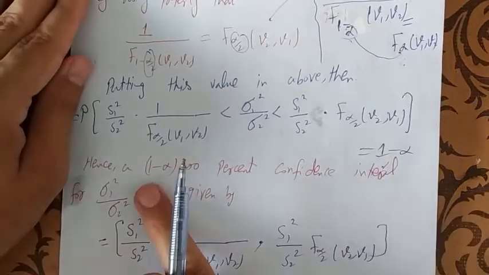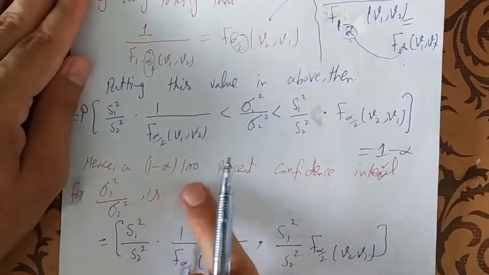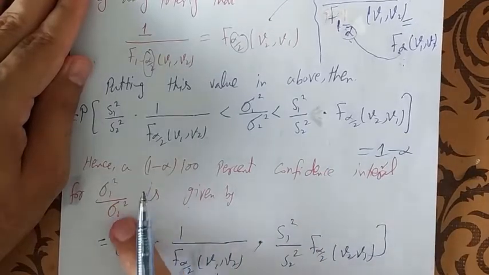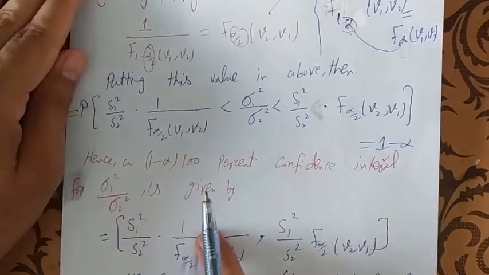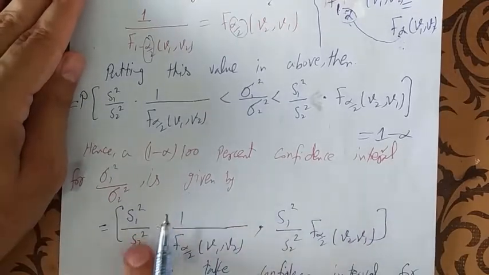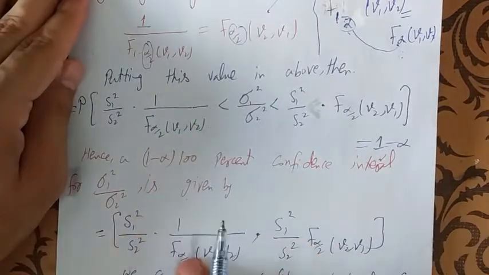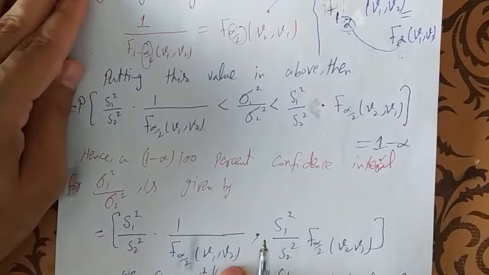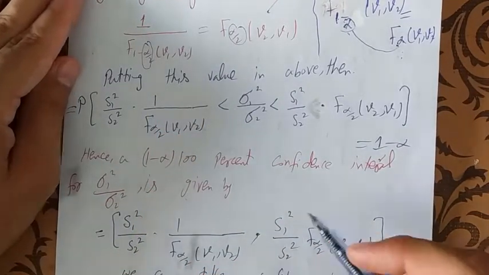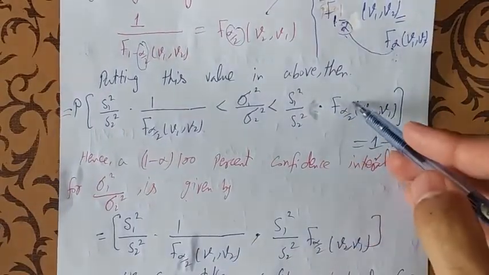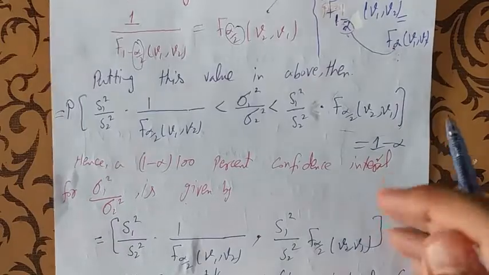Hence the 1 minus alpha into 100% confidence interval for sigma 1 square over sigma 2 square is given by s1 square over s2 square into 1 over F alpha by 2 nu1 comma nu2, s1 square over s2 square into these are the same.